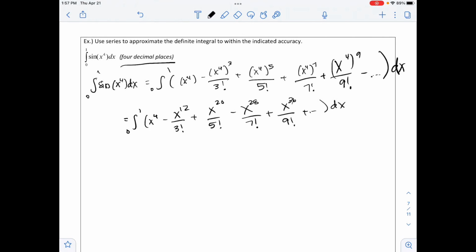And so integrating this, since we have x's raised to powers, we would just be able to use the power rule by adding 1 to the exponent and dividing by that same value.